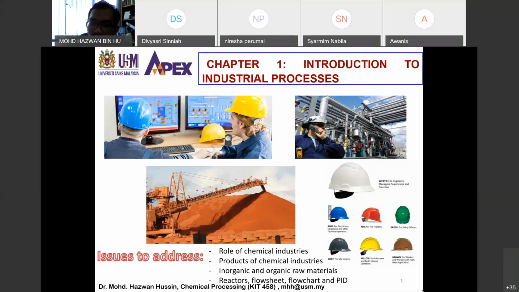Normally a white helmet is for professionals, like engineers, managers, supervisors, or foremen. Sometimes foremen use white, sometimes foremen use blue. Blue is actually for technical operators, electricians, carpenters, and red is for firefighters.